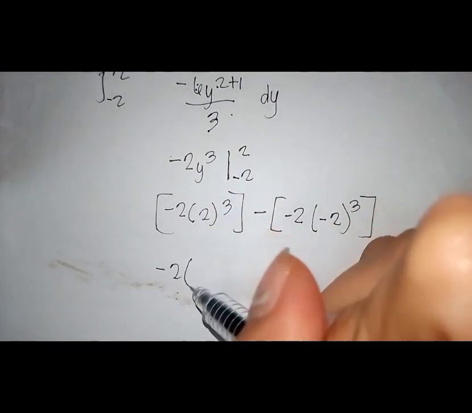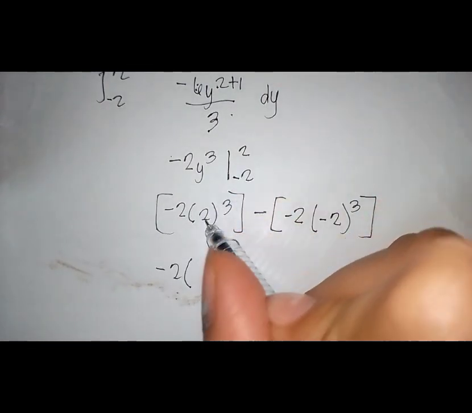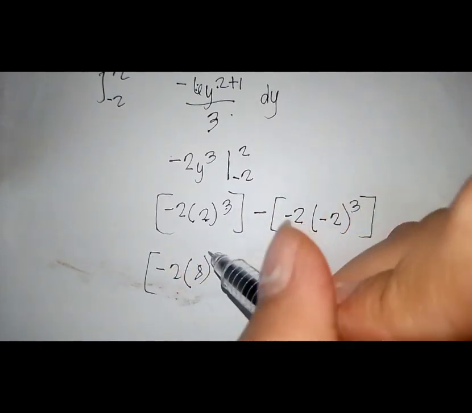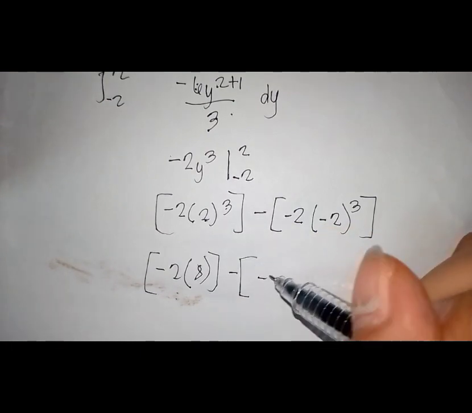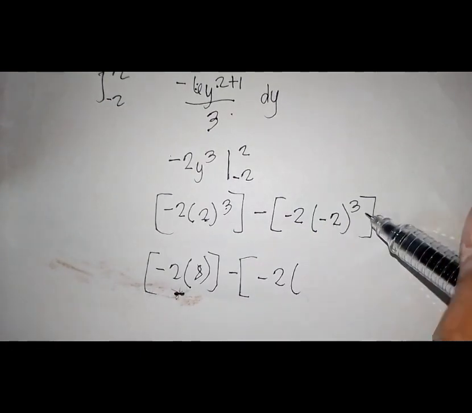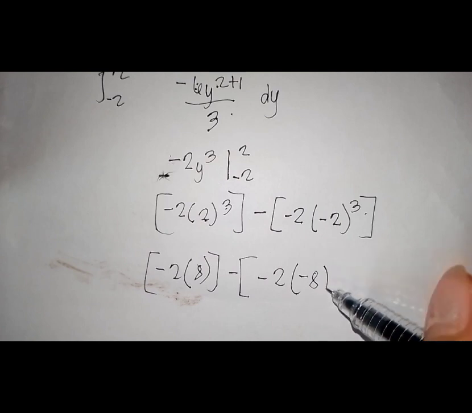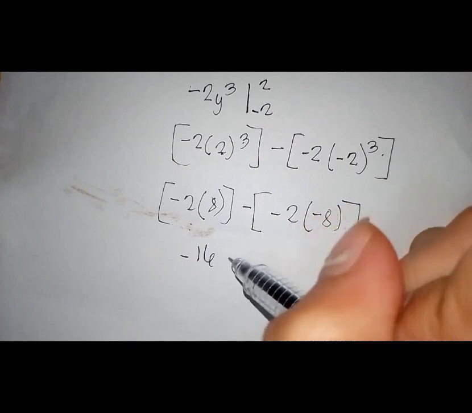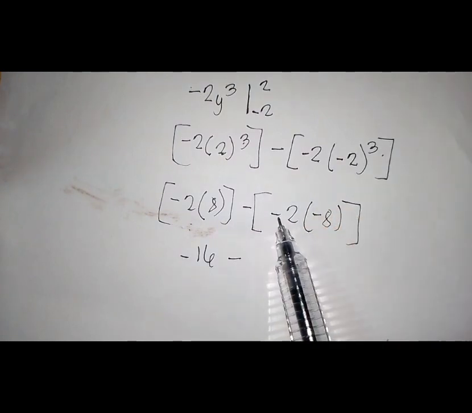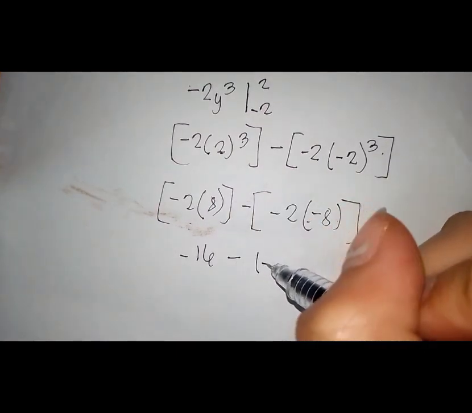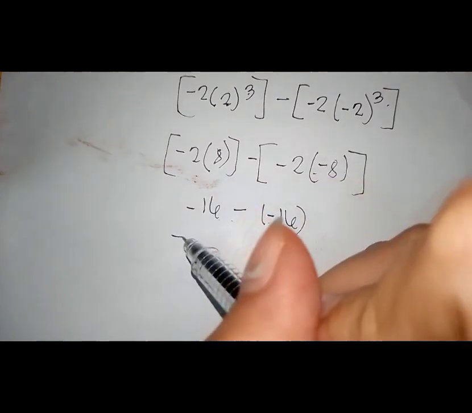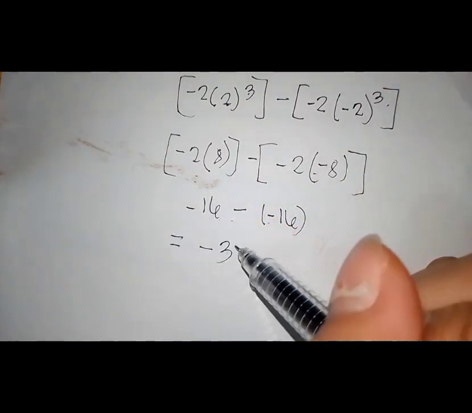Negative 2 times 2 cubed is, 2 cubed being 8, negative 16, minus negative 2 times negative 8, which is positive 16. And negative 16 minus 16 is equal to negative 32.